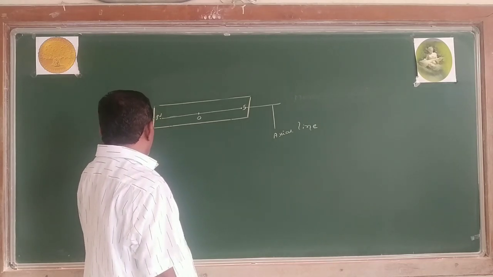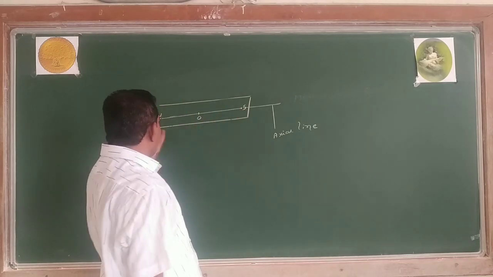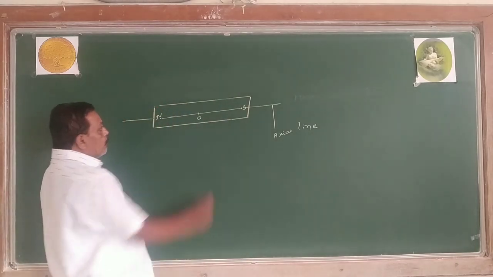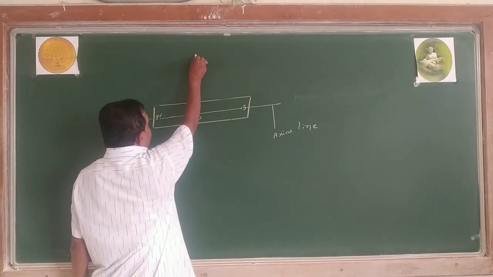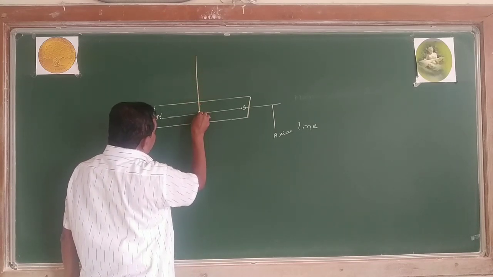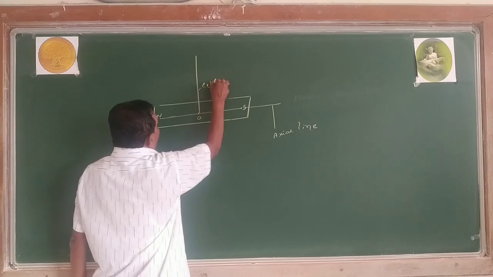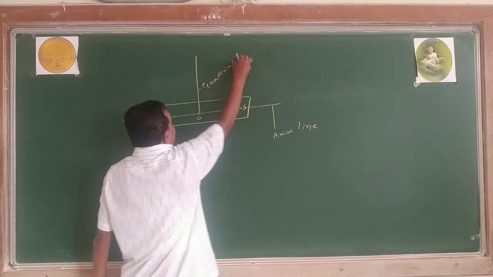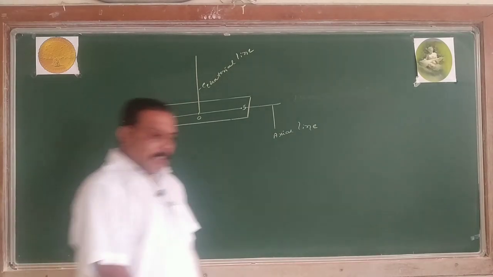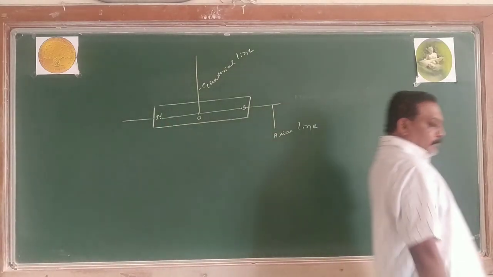The line passing through the north and south poles along the magnetic axis is called the axial line. The line perpendicular to the magnetic axis and passing through the center of the magnet is called the equatorial line. One is the axial line, another is the equatorial line. Are you getting the point?